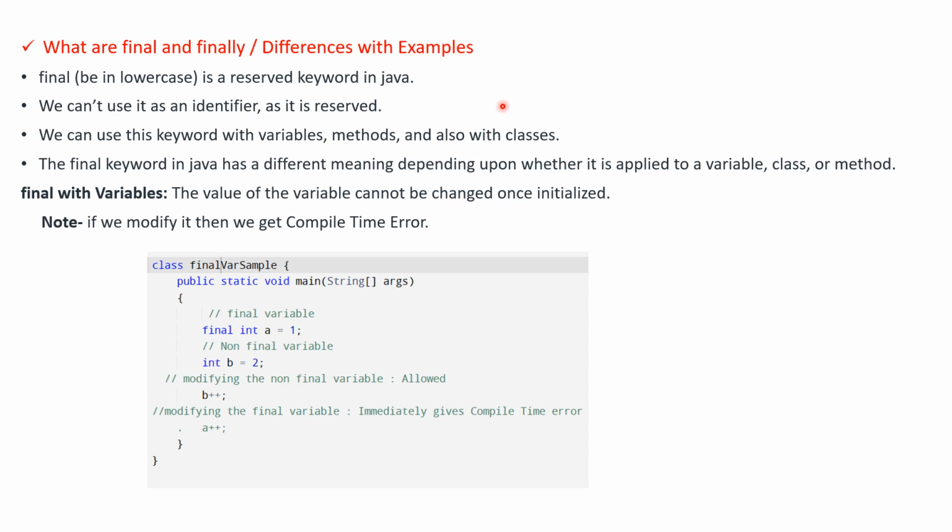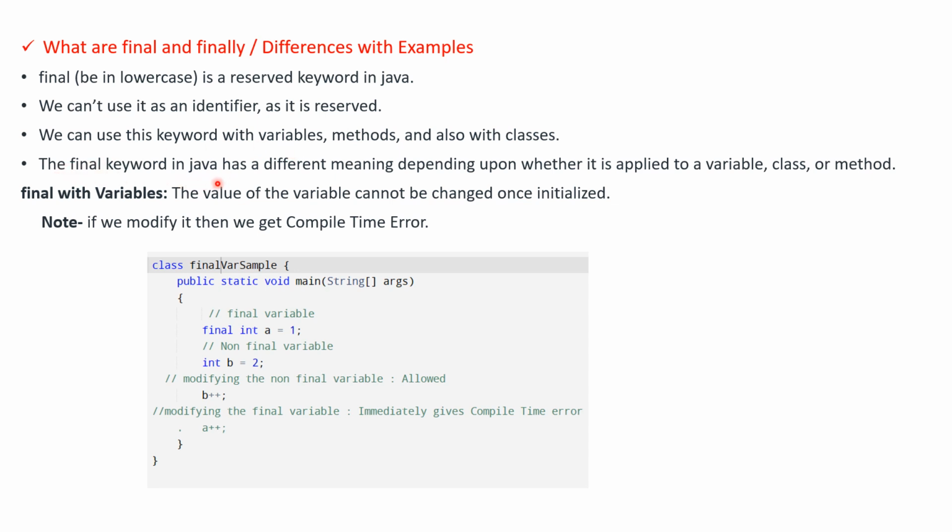It is not that we can use final only with methods, only with variables, or only with classes. No, it is not. It can be declared for classes, for methods, and for variables also, based on our requirement.